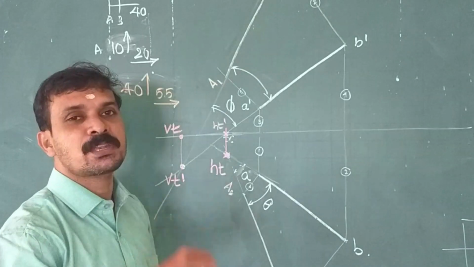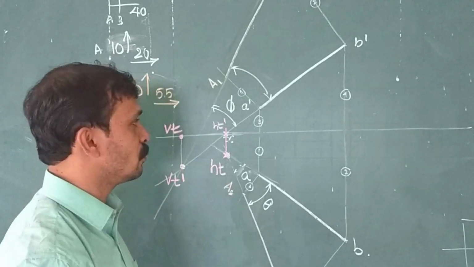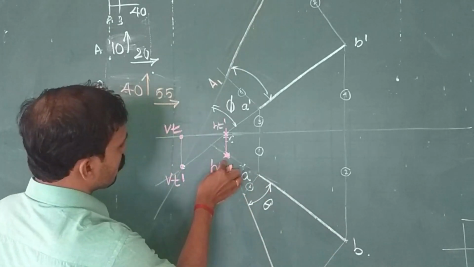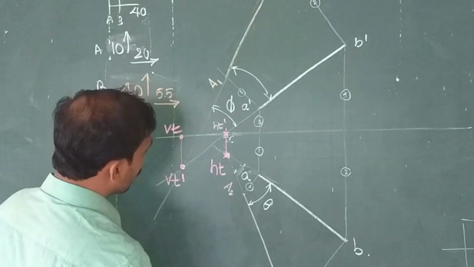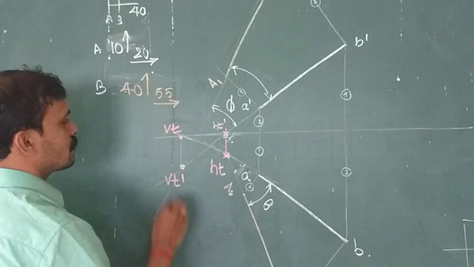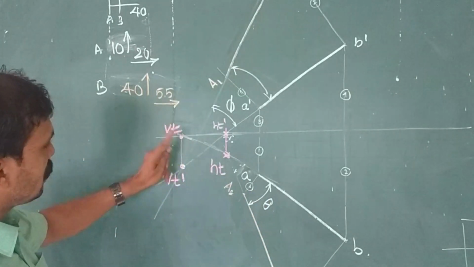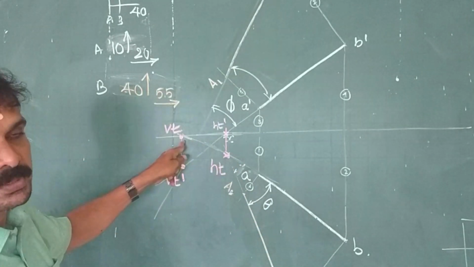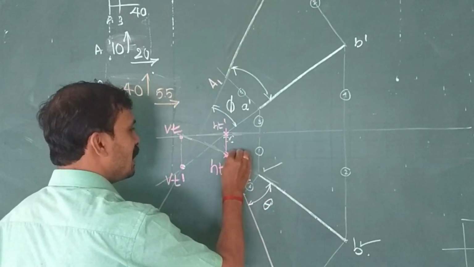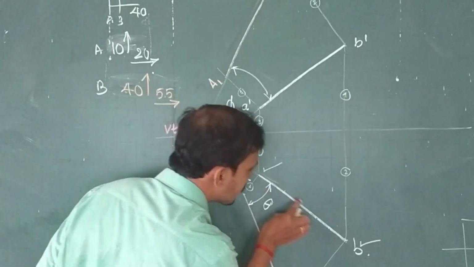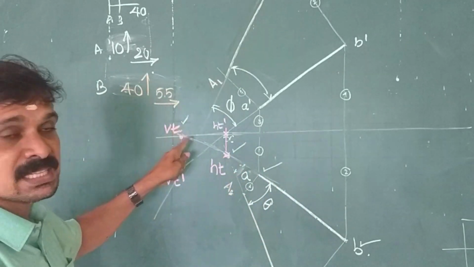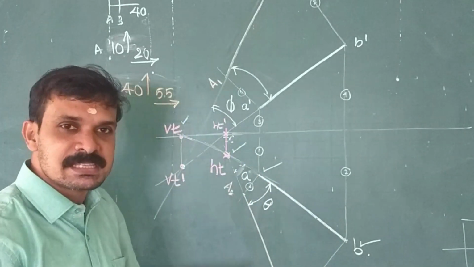And there is an important property of these traces. See, you can extend this. This is A, this is B, and this is our ht. If you extend this, you can see that this line will meet at this point. And now you can see that this B, this A, ht and Vt are lying on the same straight line.